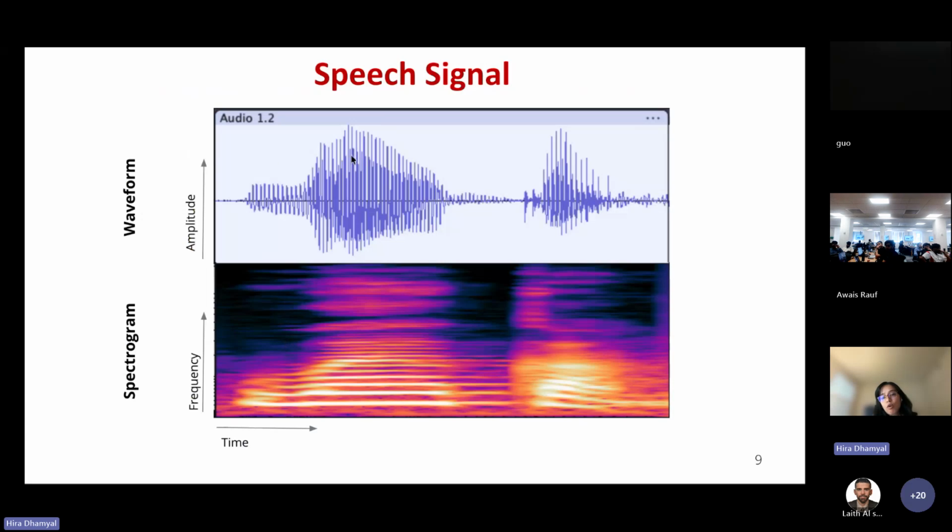The waveform alone is maybe not as informative, but the spectrogram can be very informative. For example, when a person is saying a specific vowel like a or e, the specific frequencies and the way they show up in the spectrogram are so unique that some experts can look at the spectrogram and tell what the person is saying. That's how informative spectrograms can be.